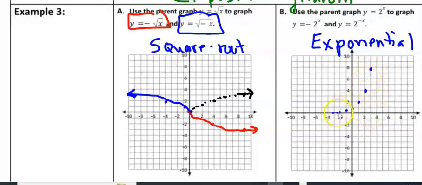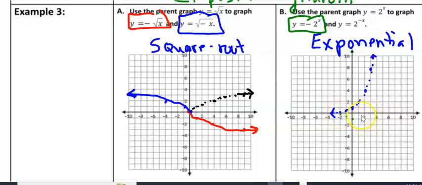So that was our parent function, right? And then we negated it, the negative's out in front, so I negated all the y's, so it's over the x-axis. So I'll do this one in green. Correct? So here, correct? Here, here.